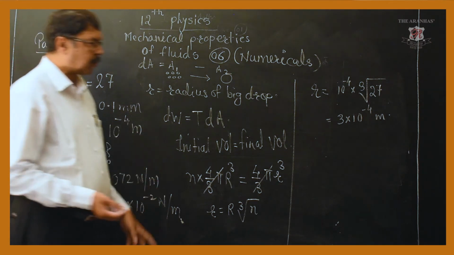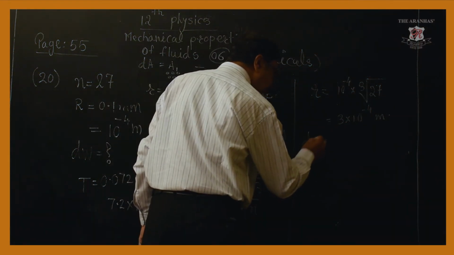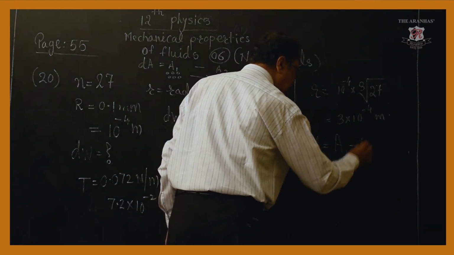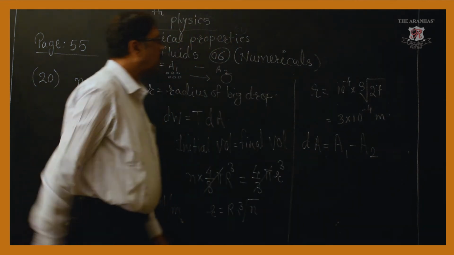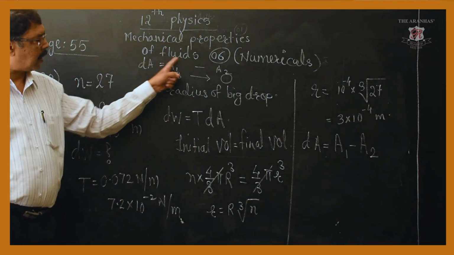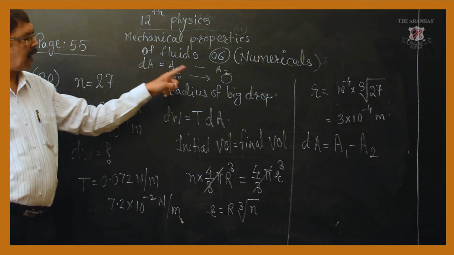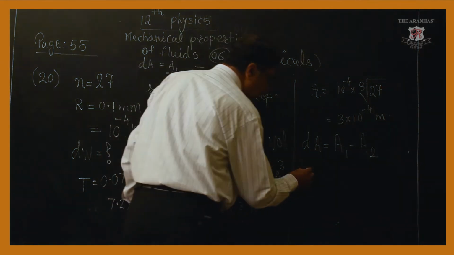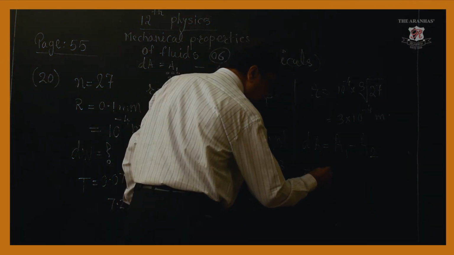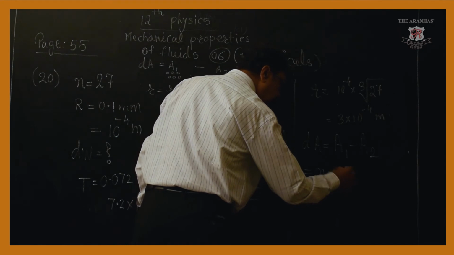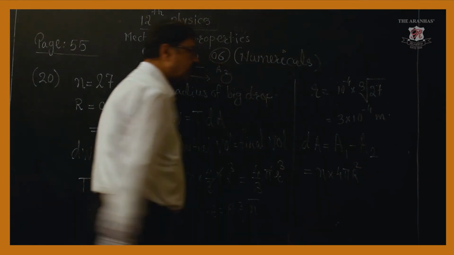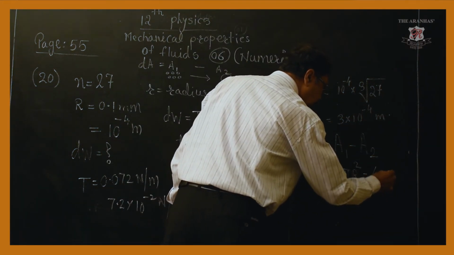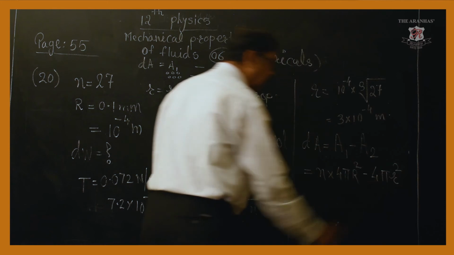Now how are you going to find dA? dA can be found out as A1 minus A2. Total surface area of small droplets minus surface area of the big drop. What is the surface area of the small droplets in total? N into 4 pi r square, minus 4 pi R square.